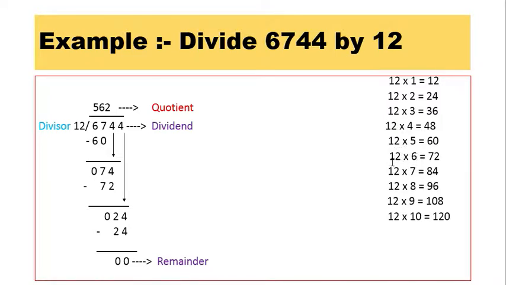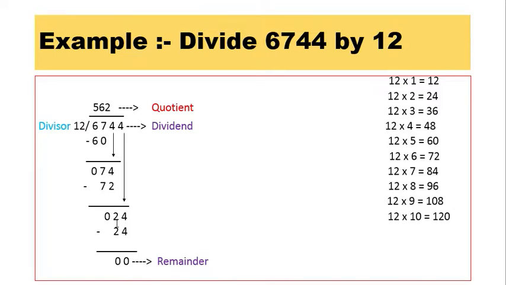Yes, 72. 12 multiplied by 6 is equal to 72. Write 72 here, and now minus it. 4 minus 2 is 2, 7 minus 7 is 0.